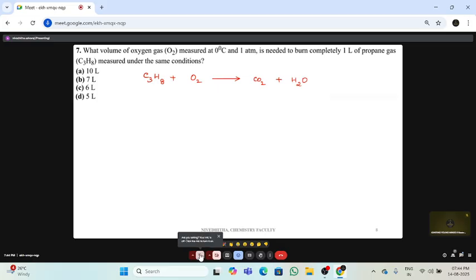Please balance this equation. Left side I have 3 carbon atoms, right side I have only 1 carbon atom. Left side I have 8 hydrogen atoms, right side I have just 2. So please balance carbon, hydrogen and oxygen atoms on both sides.